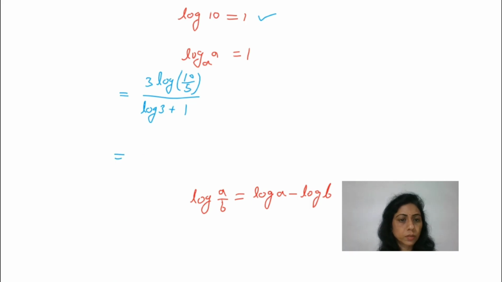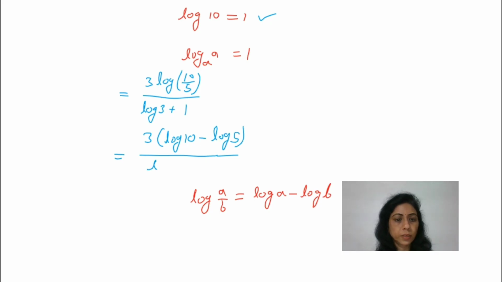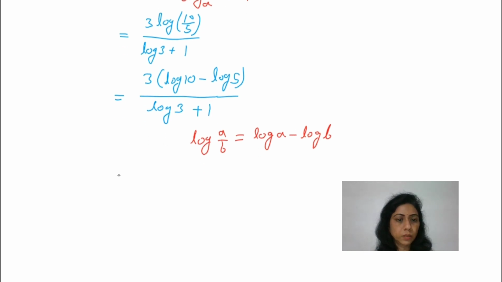So this is 3 log 10 minus log 5. Okay, and this is log 3 plus 1. Again we know that log 10 is 1, so we can put value 1.